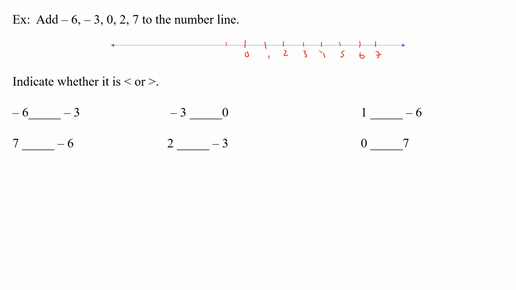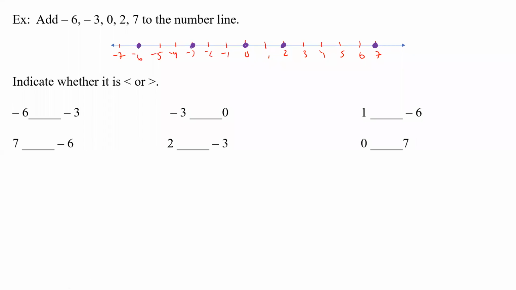Then we have the opposites: negative 1, negative 2, negative 3, negative 4, negative 5, negative 6, and negative 7. Now we need to put in the circles on each of those spots. Negative 6 is right there. Negative 3 is right there. 0 is our origin, so that's right there. 2 would be right there. And then 7.